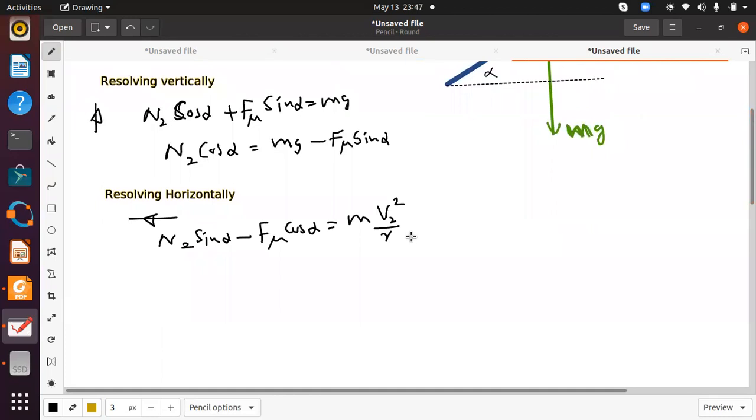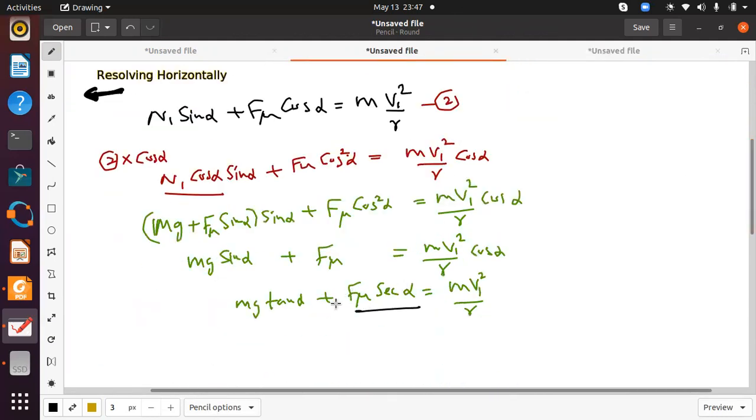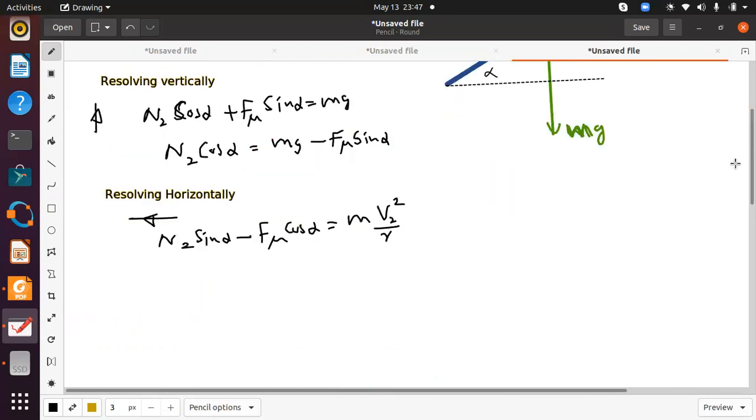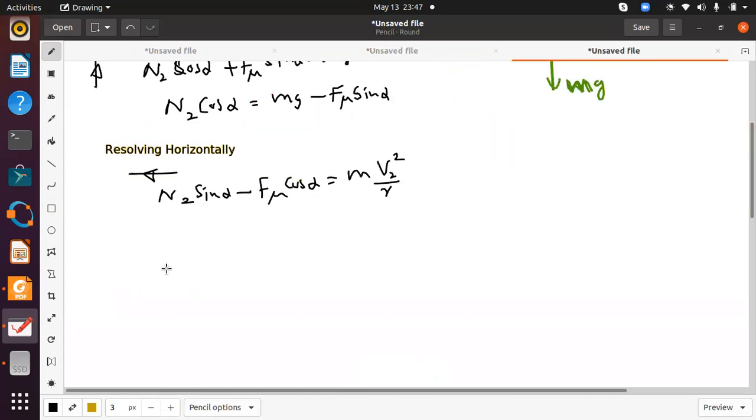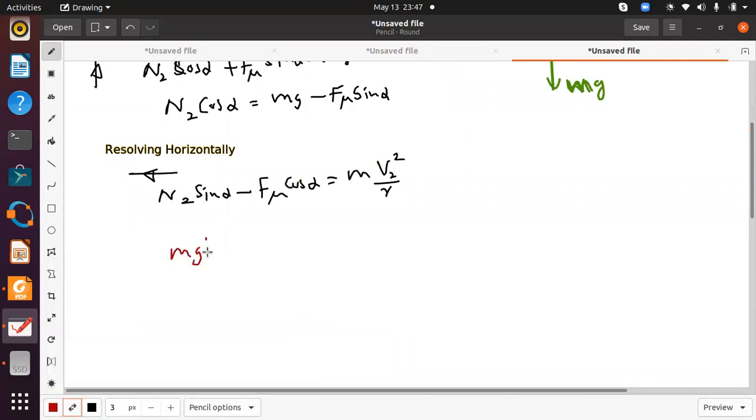We are assuming that the car stays on the same track. Now, if I get rid of this N2 from this equation, we get the same result, but with the minus sign here. So let me just write down the answer. Finally, you should get mg tan alpha minus f mu sec alpha equals m v2 squared over r.